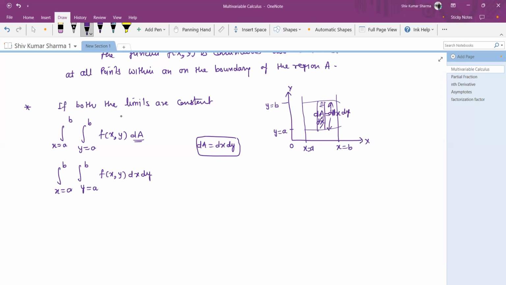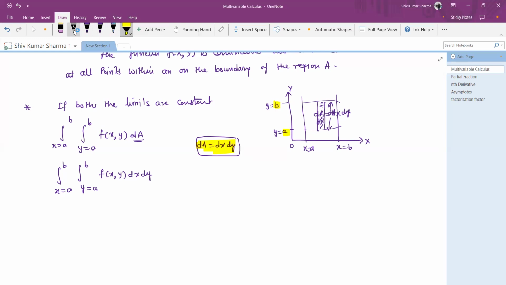We can change the limits here also, so you can take the limit as c to d. There is no issue. Here we are discussing the general formulation. In place of a, we can put c to d for y.